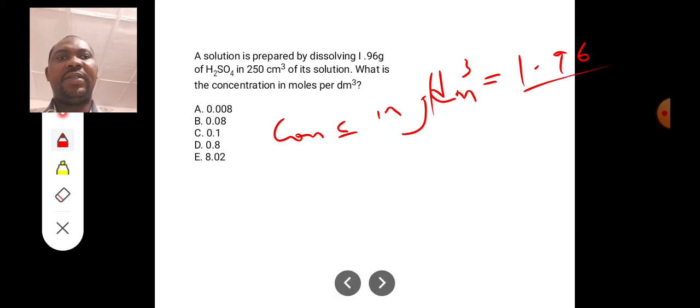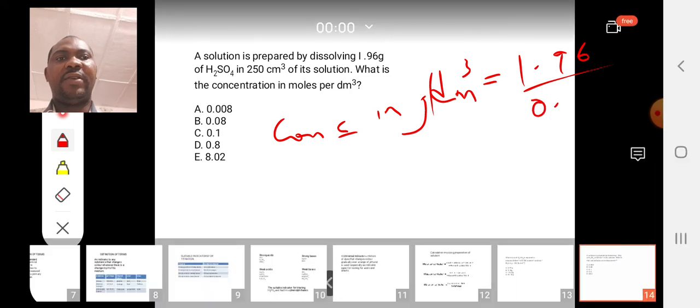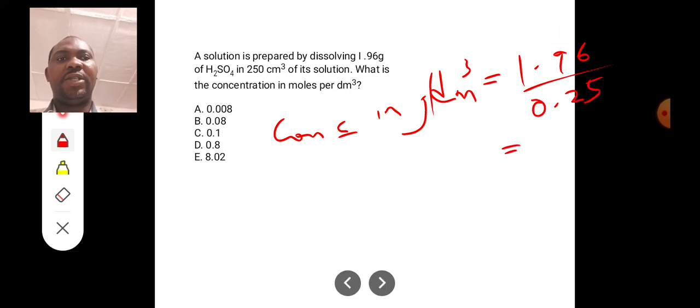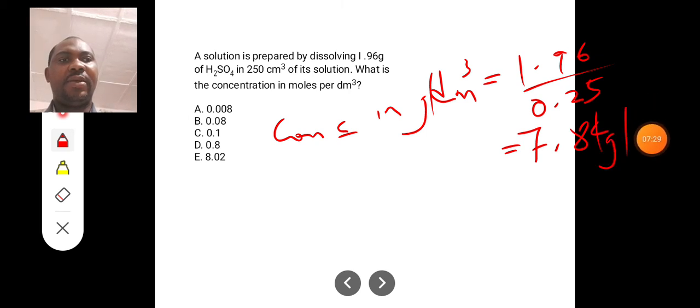The volume is 250 cm³, which is 0.25 dm³ when we change that. So 1.96 divided by 0.25 gives us 7.84 grams per dm³.